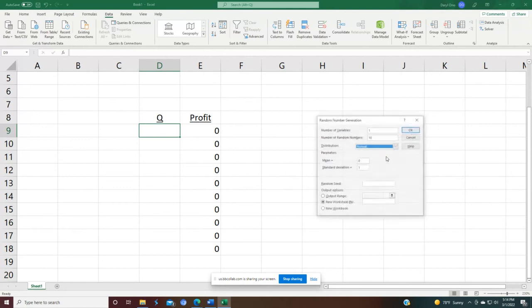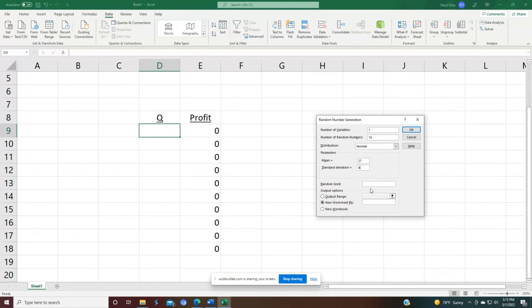We want to run the normal distribution, and we have to input a mean of 27. That was given to us. 27 with the standard deviation. I think it was 4. I'll go back and look.